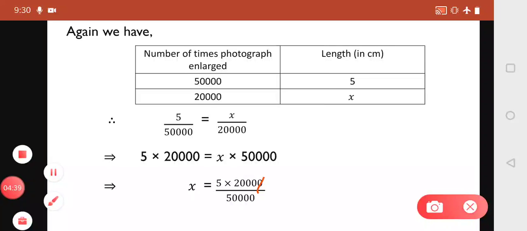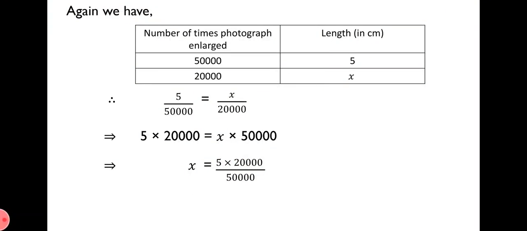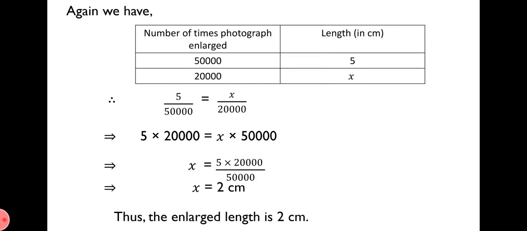Now again you can cut the 4 zeros in numerator and denominator easily. Now 5 ones are 5 and 5 ones are 5. So what is left? That is 2. So we get x equal to 2 centimeter. Thus, the enlarged length is 2 centimeter when the photograph is enlarged 20,000 times.